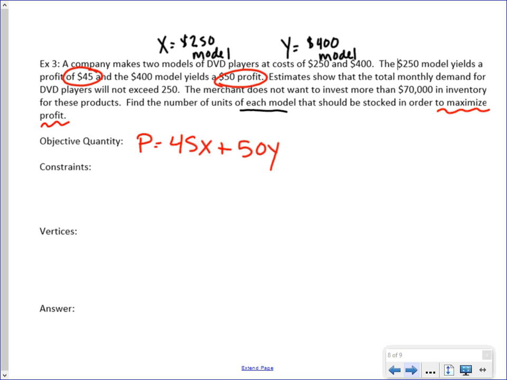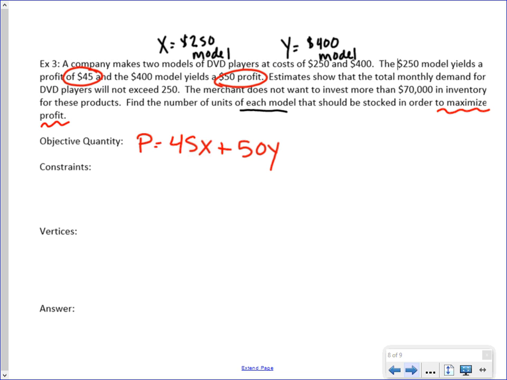After you write the objective quantity, then you got to read back in and do all your constraints. So what are the things that limit you? The total monthly demand and the amount of money you want to have in inventory.